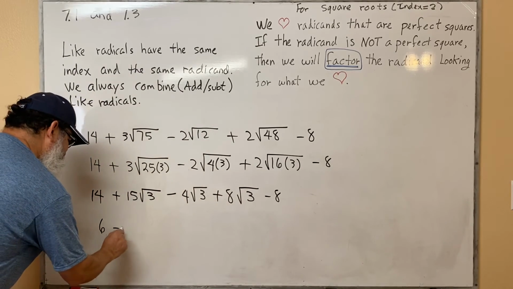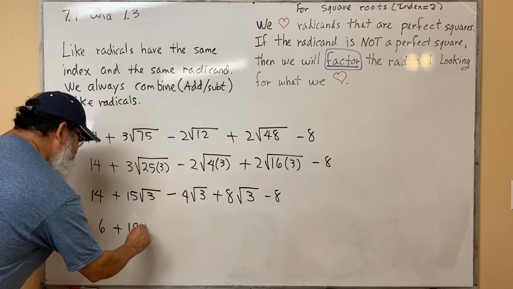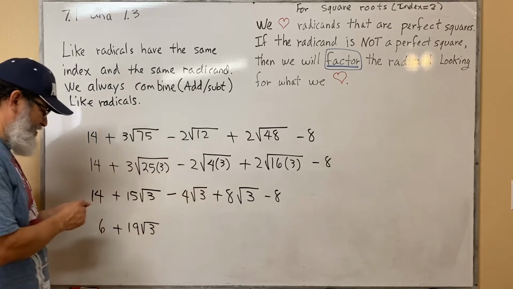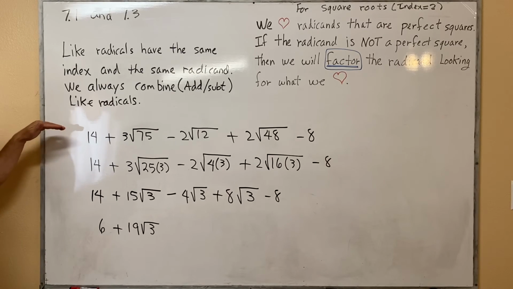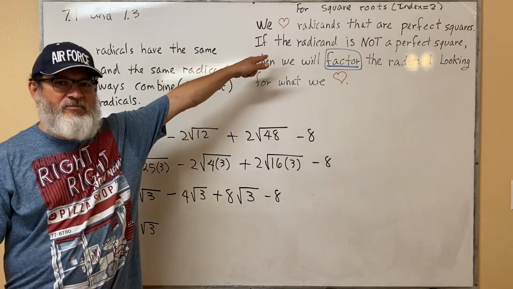So that's going to be plus 19, the square root of 3. And that's what I mean. So here, you can't judge. You need to simplify and then judge. How do you simplify? Use that.